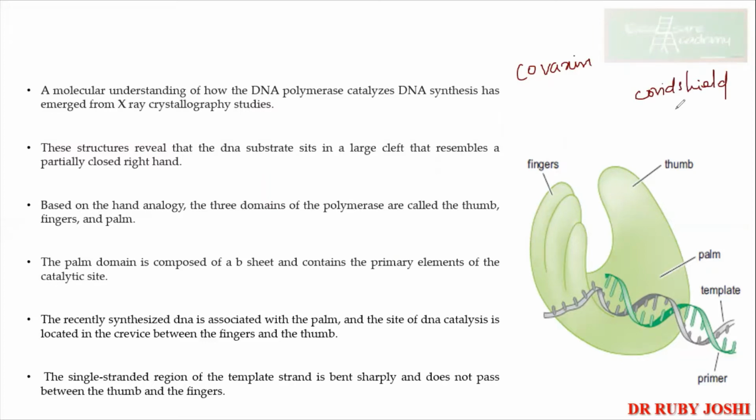What about others? I think you guys have taken the shot, right? Covaxin is live attenuated, ma'am. No, it's whole killed. Yes, very good. It is whole killed. And Covishield?